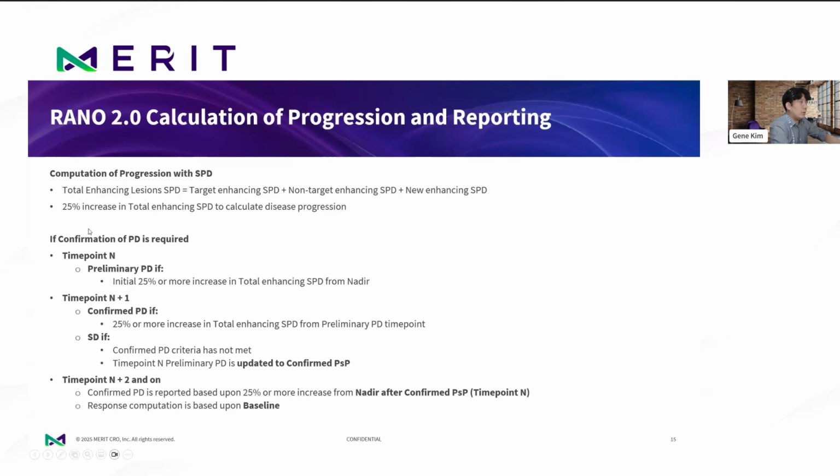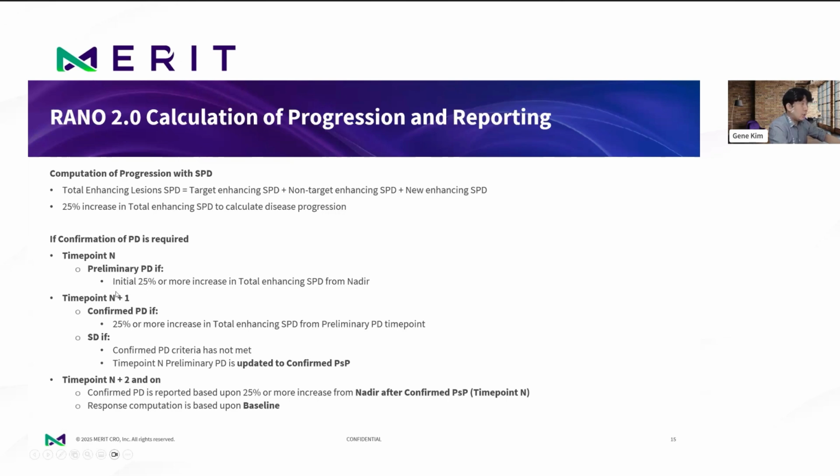Especially in the setting where confirmation of the PD is required, at time point N, which is one of the follow-up time points, preliminary PD can be assigned in the case where this total SPD increases 25% or more from the nadir.